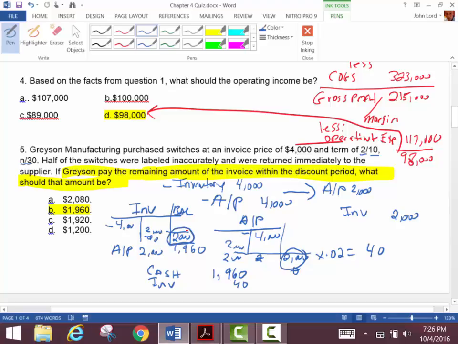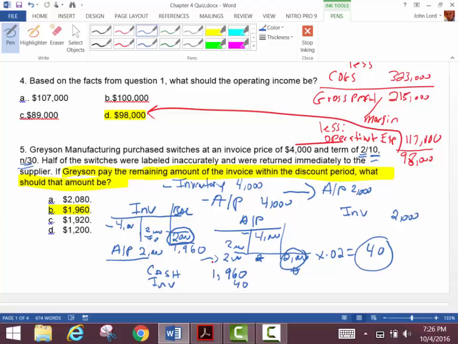$2,000. Now I got to pay the guy, and I pay the guy what? Within the discount period, 2% if I pay within 10 days. Otherwise, I have to pay the whole amount in 30 days. I must have paid him within 10 days, so I get a $40 discount on that. So that means that I'm going to be able to write off this whole $2,000 in the account payable. There's that debit. I just post it, and now it shows zero, and it should show zero because I don't owe the guy any more money.